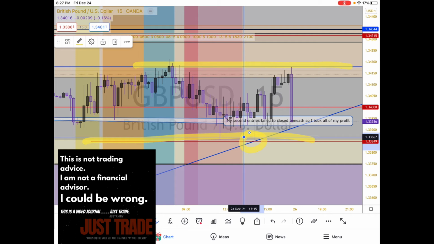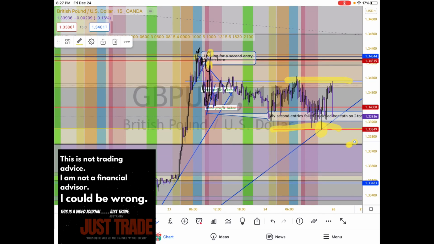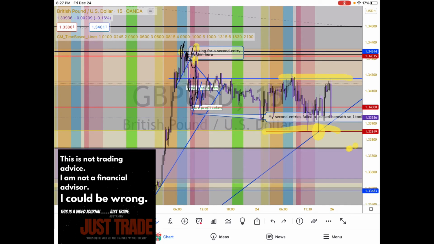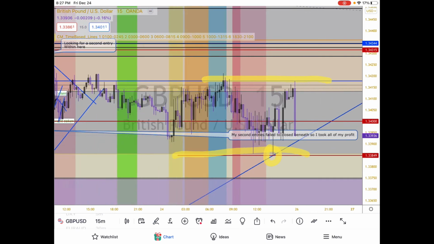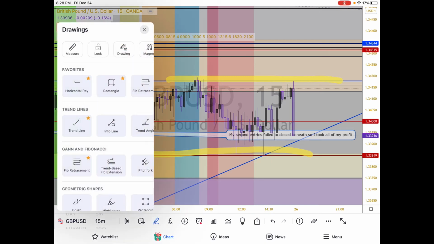What I'm looking for right now, if I was going to continue to take sell positions, I would want to see market open and price continue to shoot down from where it is.